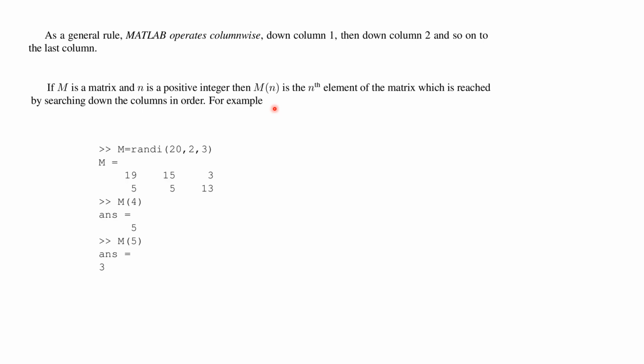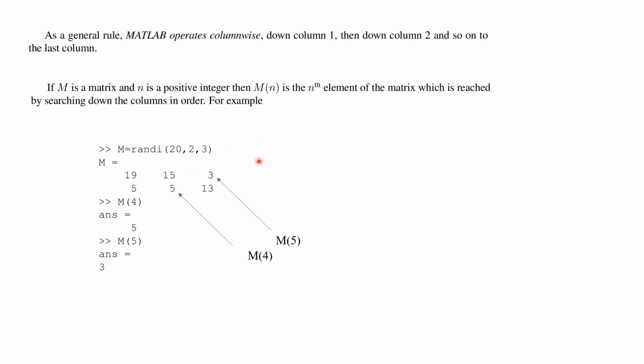So if we're asking for M(4), it goes down column 1, down column 2, and there's the 4th element in the column vector that it would make.